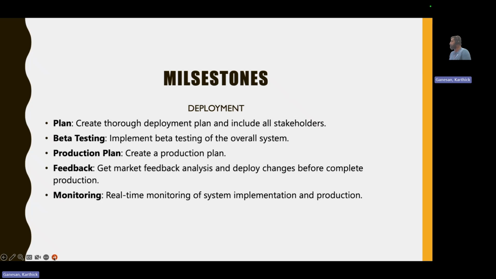So the deployment plan includes first communication to the stakeholders, followed by the beta testing, opening up to a small set of audience before launching the product in production, and the production plan itself, where we have a series of on-call support when the product is going live, and the feedback, which is the market feedback through surveys or instantaneous feedback receiving mechanisms, or alternate or consecutive sentiment analysis itself to gather feedback and improve the model, and monitoring for any live bugs, and fixing them whenever needed on a high severity basis.